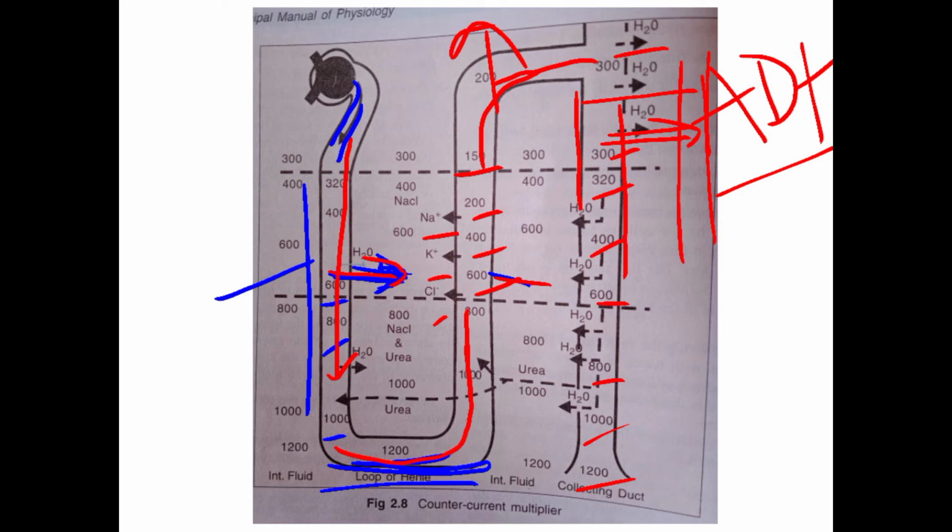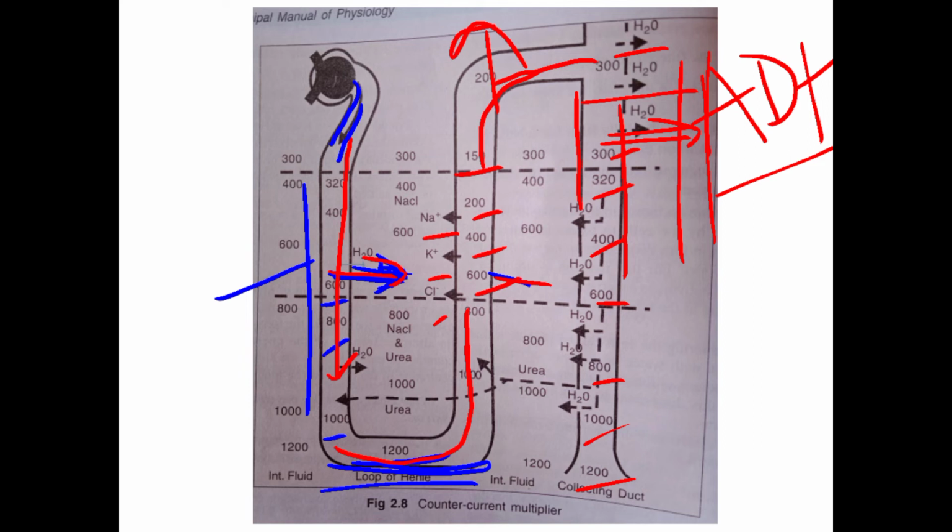While passing through the ascending limb, the sodium, potassium and chloride ions get reabsorbed, so the osmolality of the filtrate decreases. The ascending limb is impermeable to water, so water diffusion does not take place.